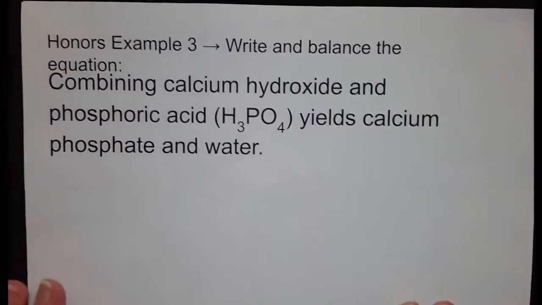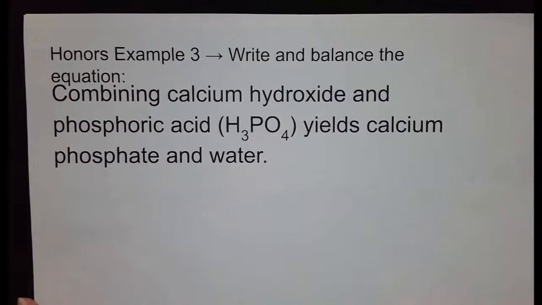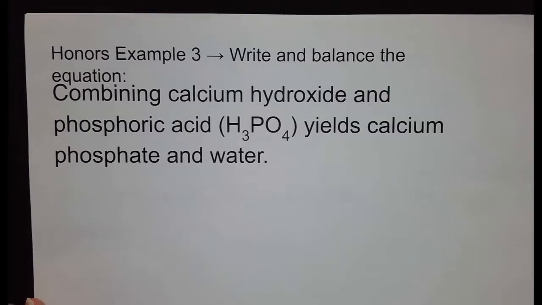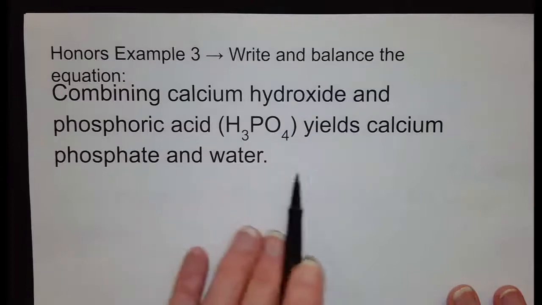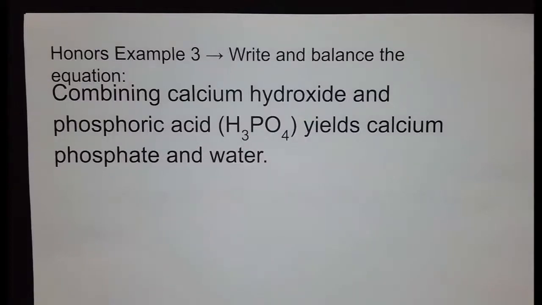Let's look at a more difficult one. We're going to start by trying to determine the reactants and the products. We want to look for our yield sign.